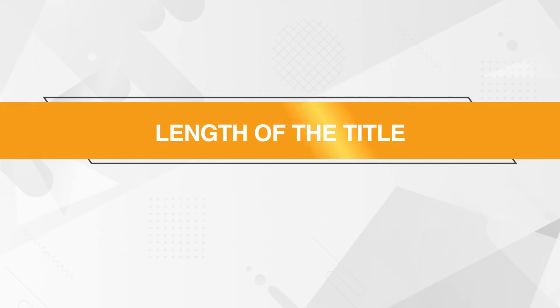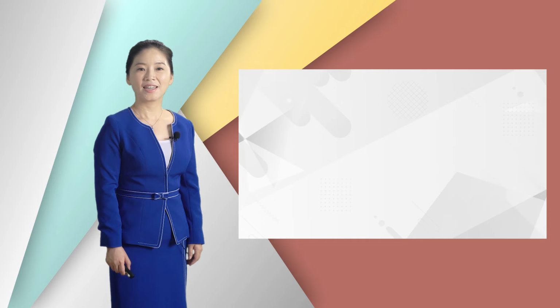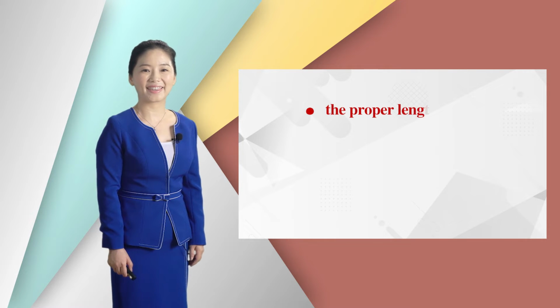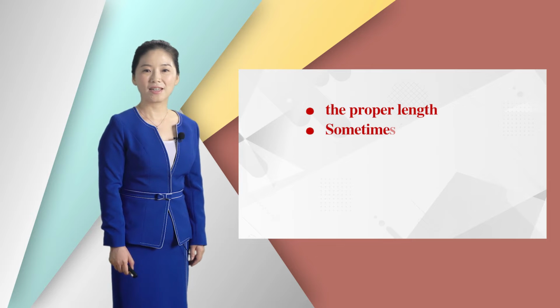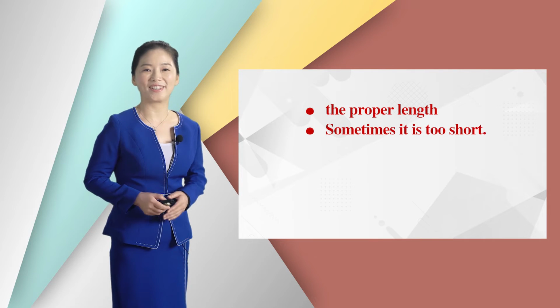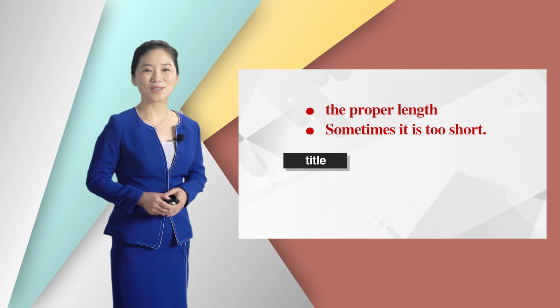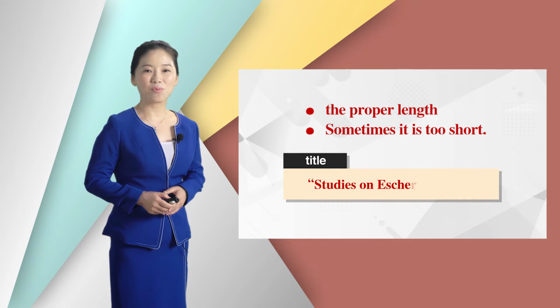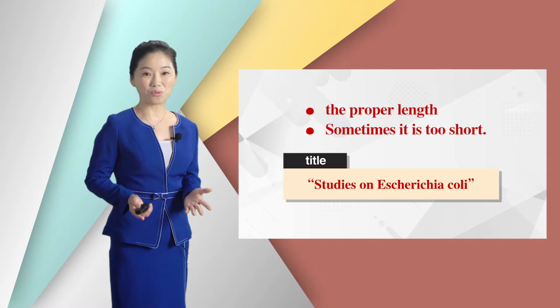Then, I will talk about the length of the title. The title of a paper should have the proper length, but sometimes it is too short. Now, let's look at the title, Studies on Escherichia coli, 大肠埃希氏杆菌. It is really short.